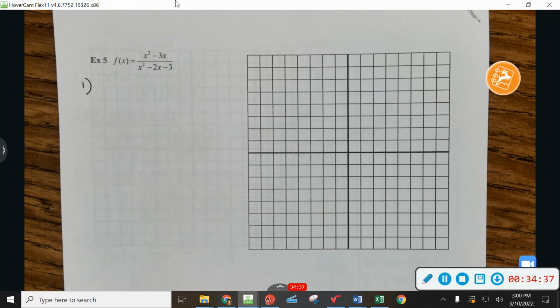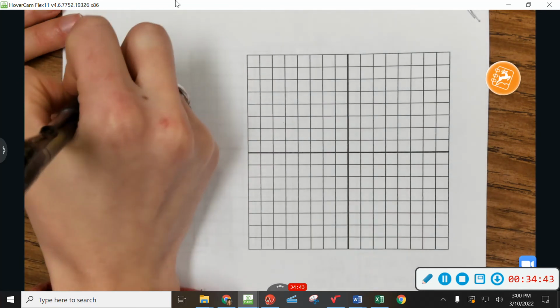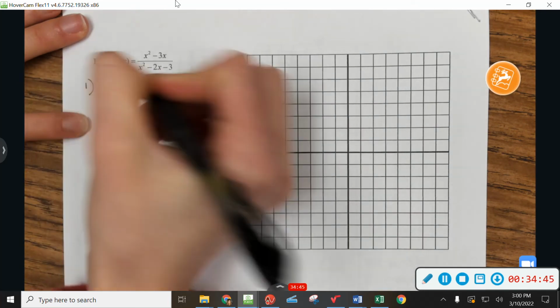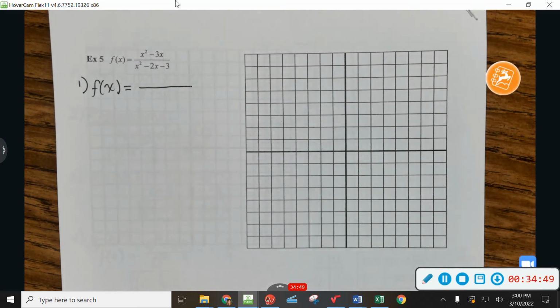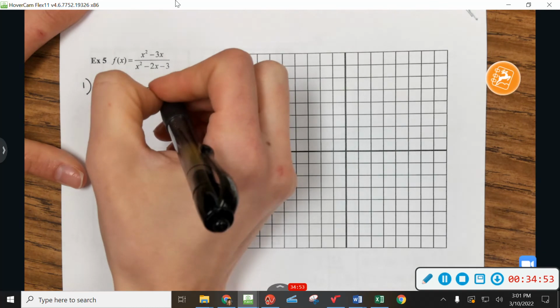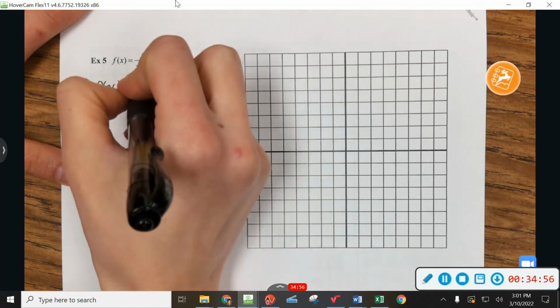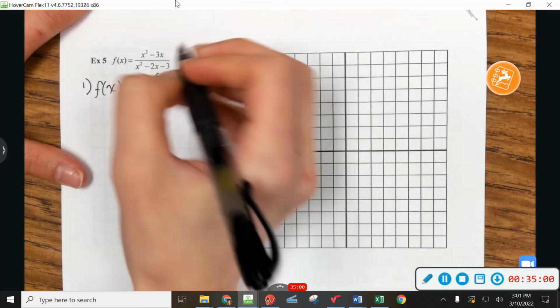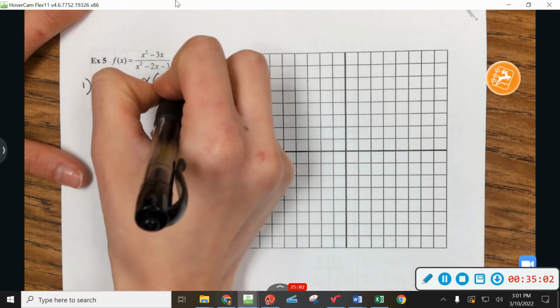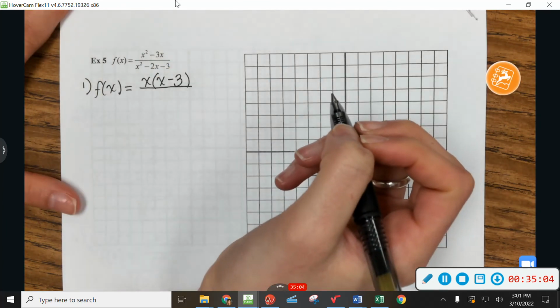So for the first part, you're going to factor. So f of x is going to equal, if I'm factoring my numerator, x squared minus 3x, I'm going to factor out an x as a GCF. Leaves me with x times x minus 3.